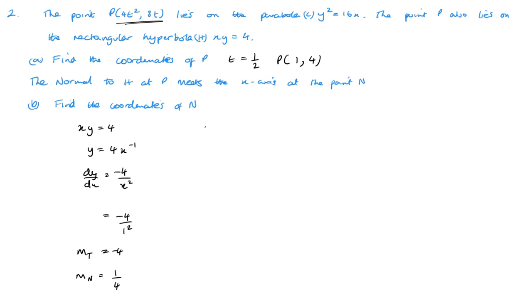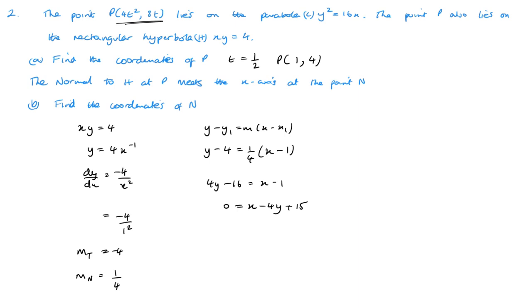Okay, so let's find the equation. y minus 4 equals 1/4 (x minus 1). Multiply by 4. So we've got x minus 4y plus 15 equals 0.